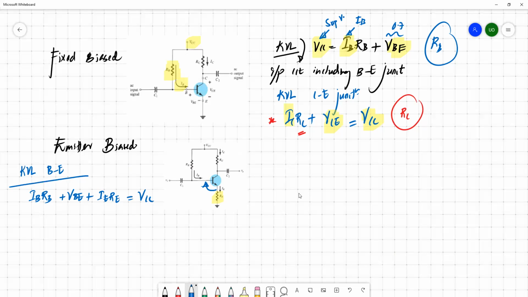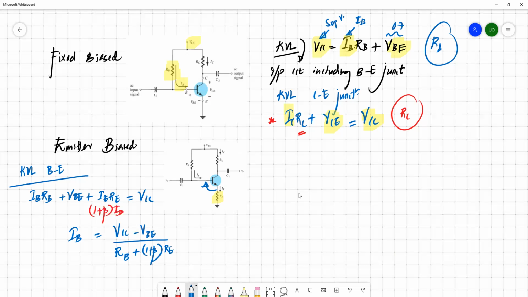If I replace this IE with (1 plus beta) IB, since IE equals IC plus IB and IC can be replaced with beta times IB, then IE equals (1 plus beta) times IB. From here you can find the base current, which equals VCC minus VBE, a known quantity equal to 0.7, divided by RB plus (1 plus beta) RE.